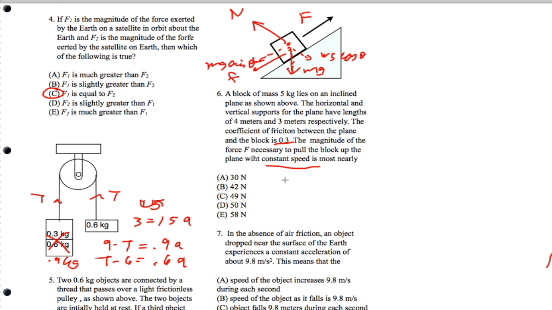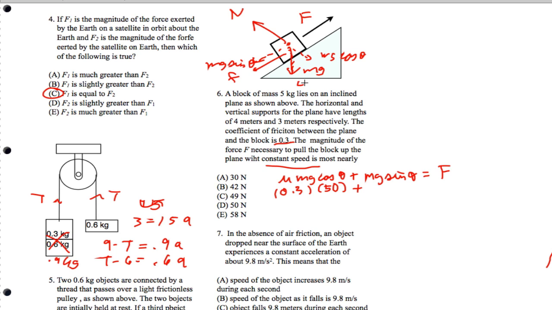So let's be clear on how this works. We're going to have mu mg cos theta plus mg sine theta balancing that applied force going upward. So let's plug in some numbers. I have 0.3 times 50 times cosine of theta.